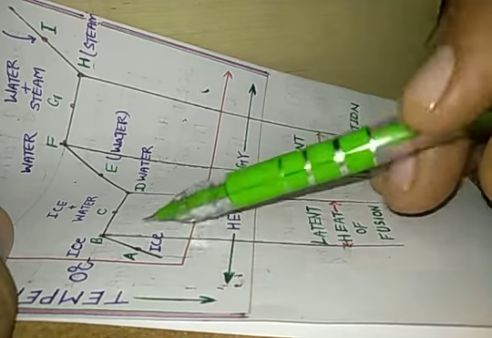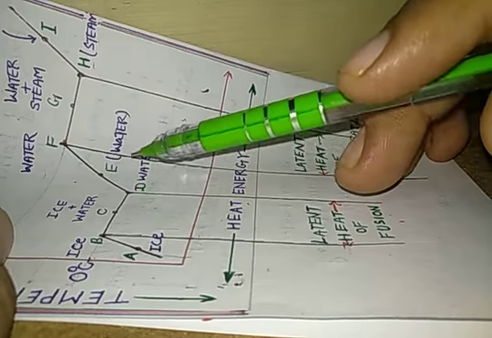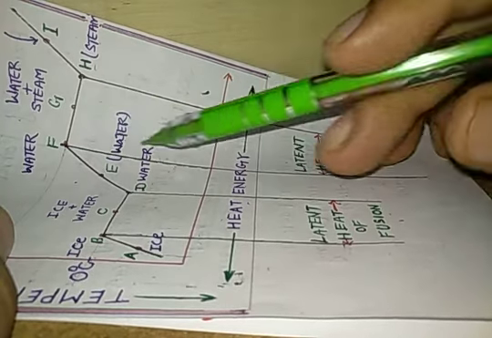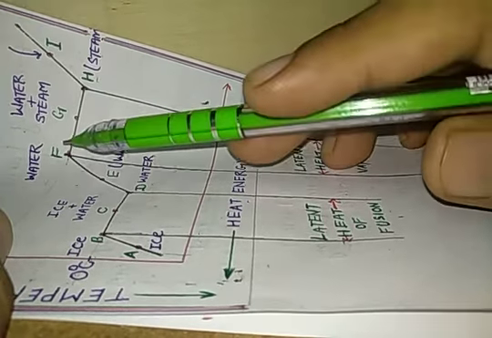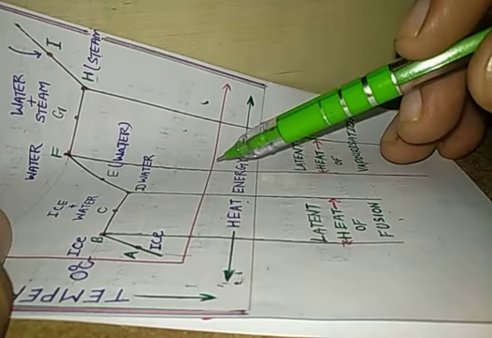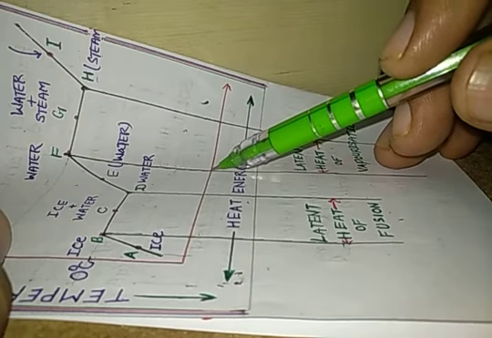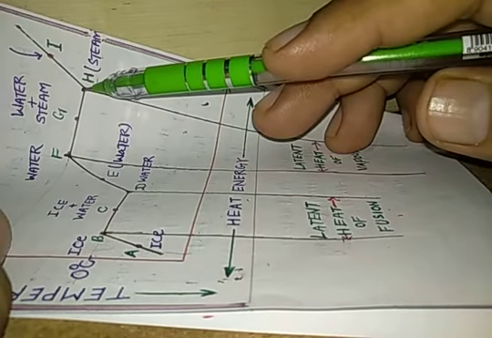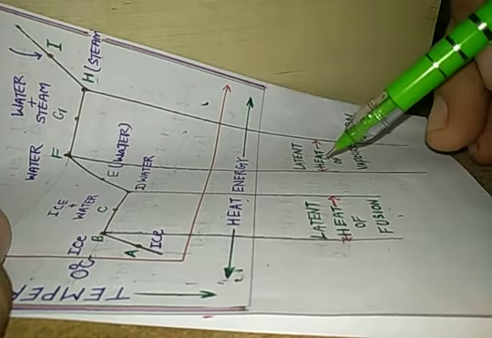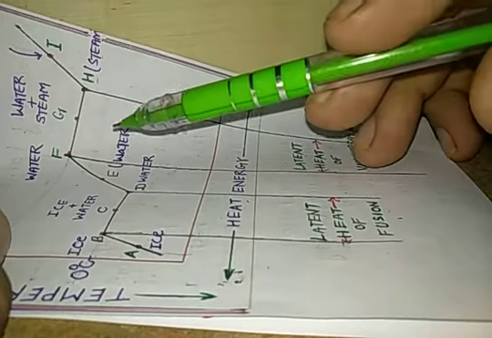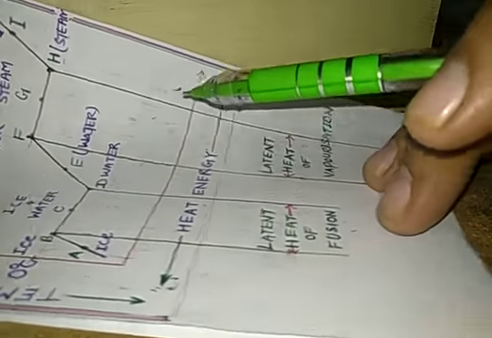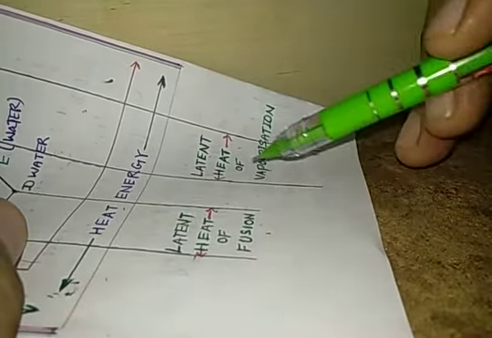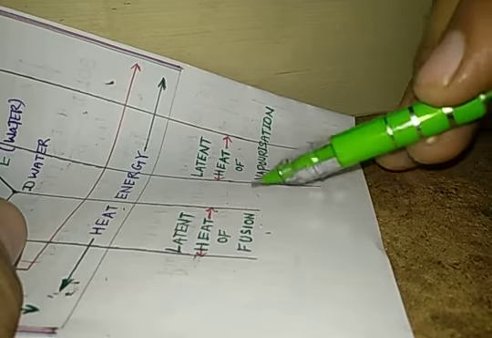Heat is given, but there is no change in the temperature. Between points F and H also, heat is provided but there is no increase in the temperature. This heat is utilized for a particular conversion, and these are known as the latent heat of fusion and latent heat of vaporization.